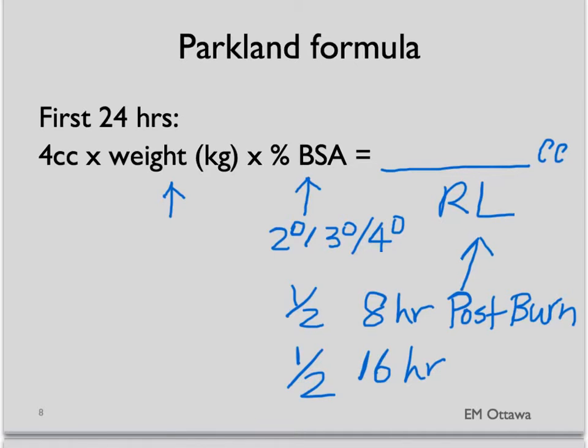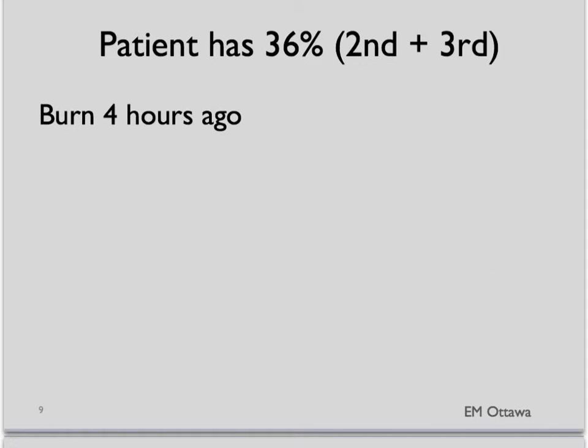Let's try this out. So remember, the patient that we had has a calculated percentage area burn of 36%. That includes second and third degrees, so partial thickness and full thickness. He was, let's say, burned 4 hours ago, and we estimate his weight at around 70 kilograms. So how do we use the Parkland formula?